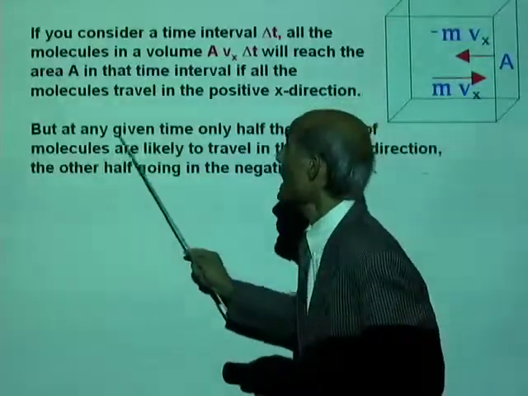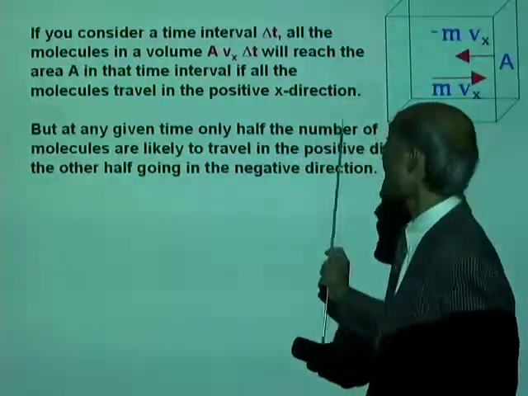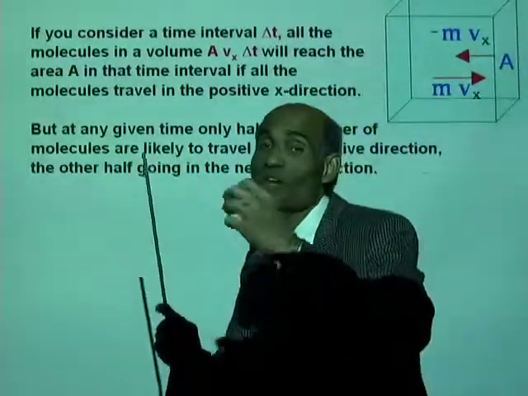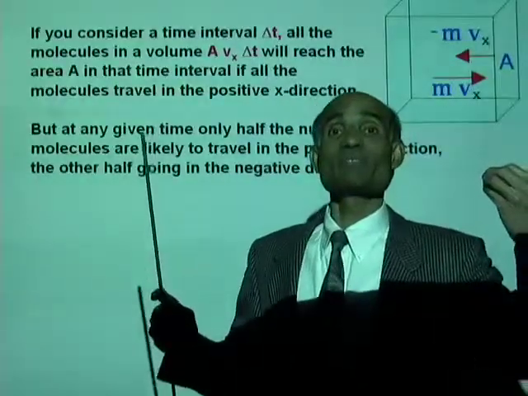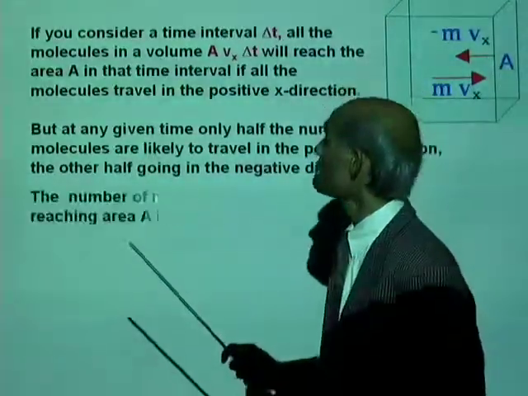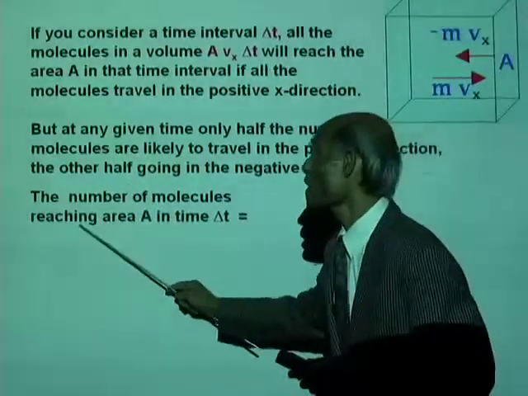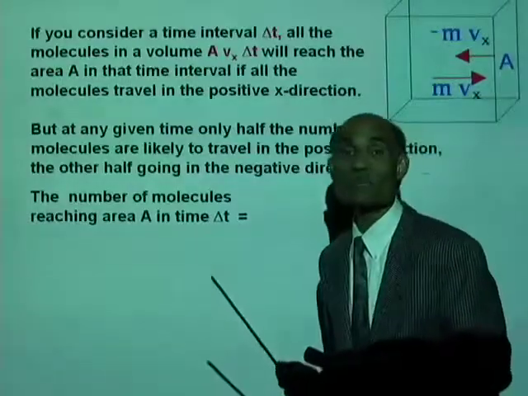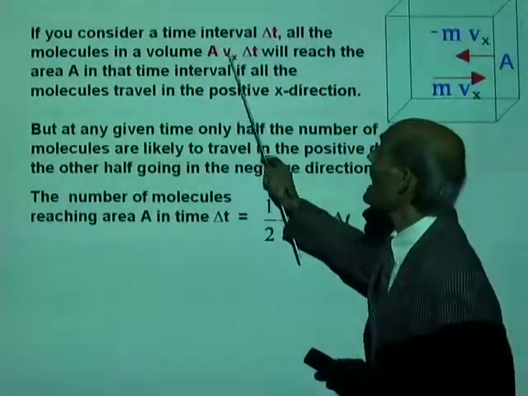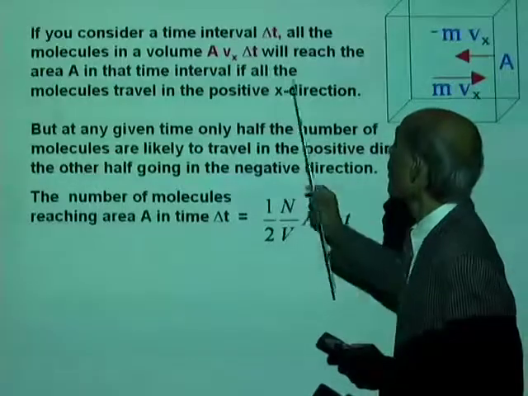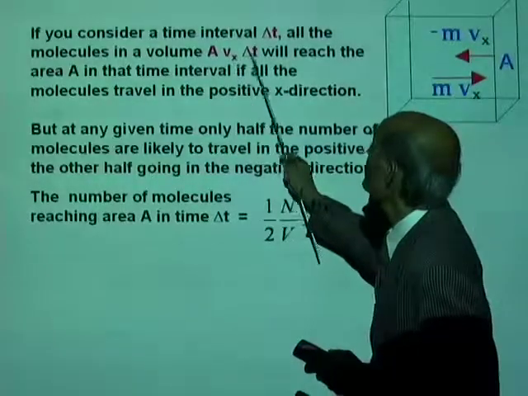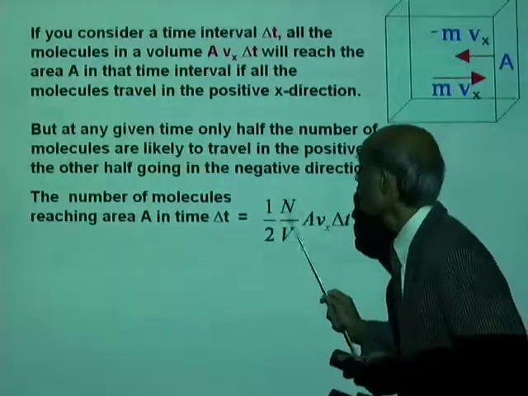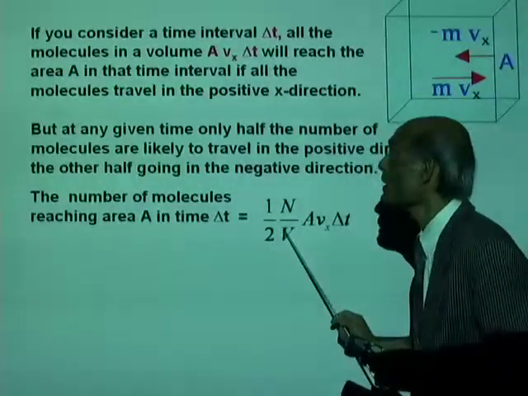Alright, but at any given time, only half the number of molecules are likely to be moving to the right. The other half will be moving to the left. Therefore, we need to make an adjustment here. The number of molecules reaching area A in that time delta t will be 1/2 of this, 1/2 of A times Vx times delta t. And of course, this is the number of molecules per unit volume.